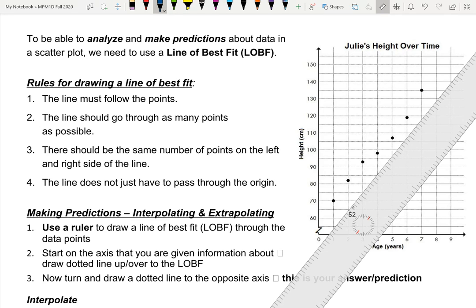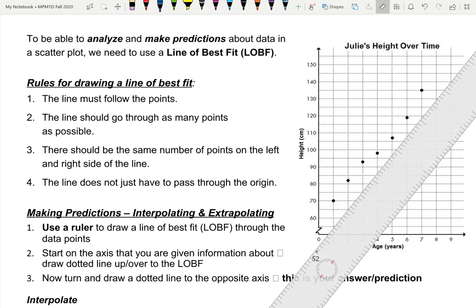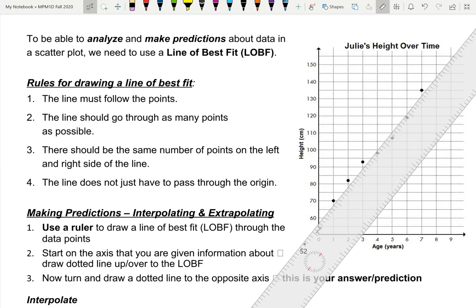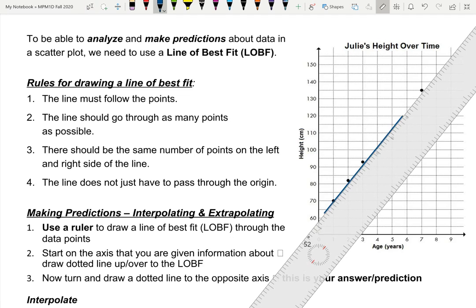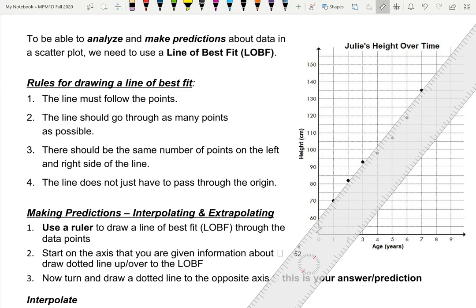And then for the points that you don't go through, you want to make sure that you have the same number of points on the left and right side of the line. So for example, I can't obviously go through all of these points. So if I decide to draw my line here, or let me move up a little bit.